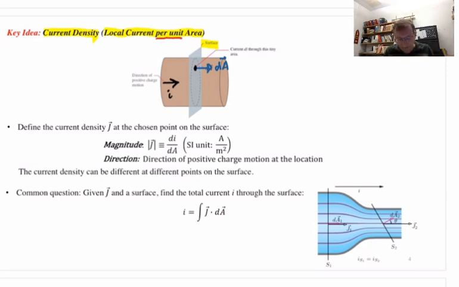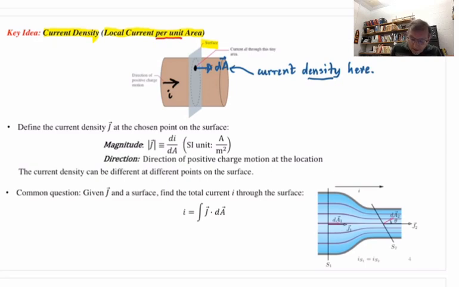I've chosen right. All right, I'm now going to define the current density at that location. Current density there, where that little patch is, okay?